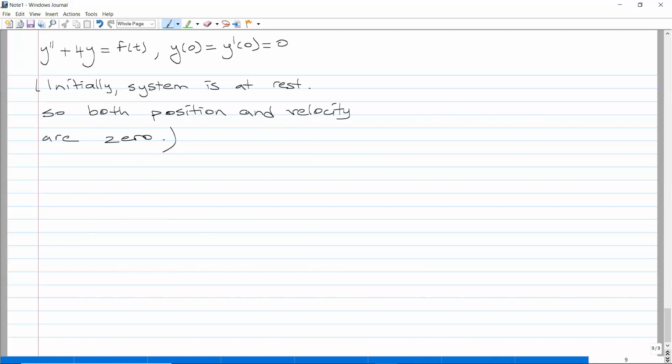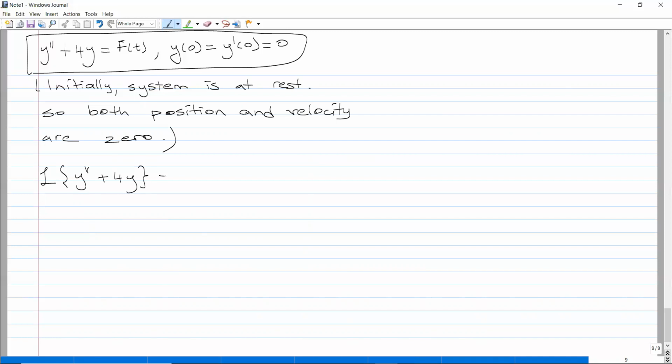Okay, so the first part of the question is this equation and the function capital F we gave above. Now how to solve it? We take the Laplace transform of both sides. Since the initial conditions are 0, the Laplace transform of the left side is s squared plus 4 times the Laplace transform of y.